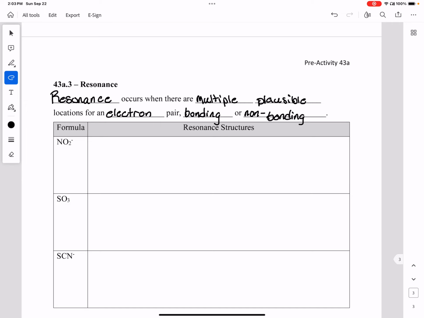So let's take a look at the NO2 minus ion first. We're going to start with brackets. Anytime you have resonance structures, as well as anytime you have an ion, you have brackets. So let's draw what we had before.